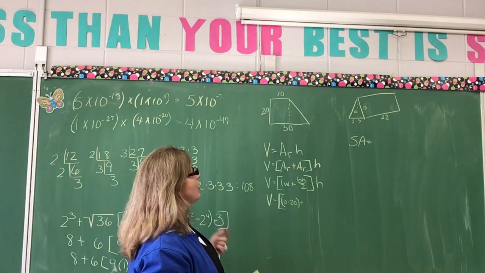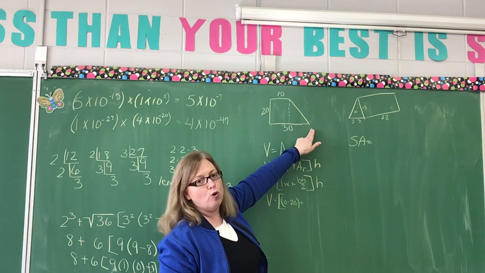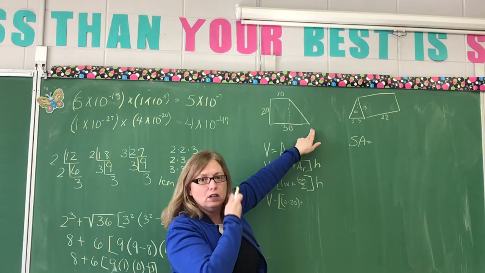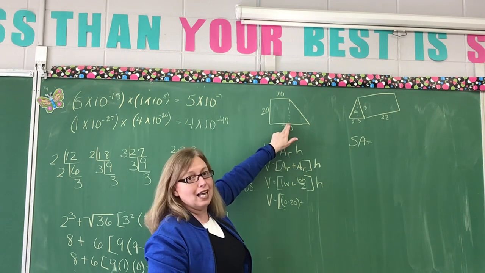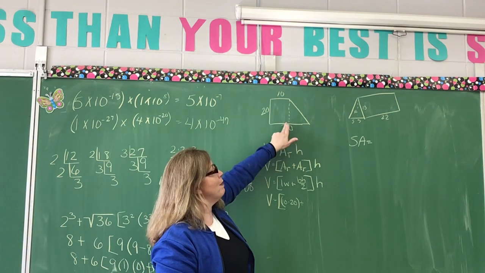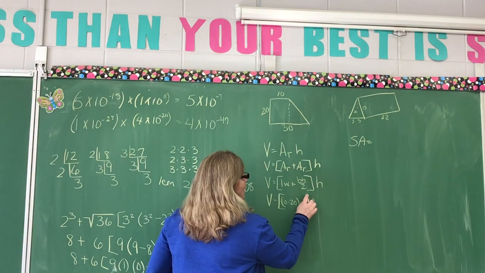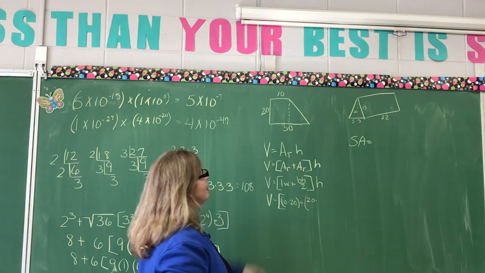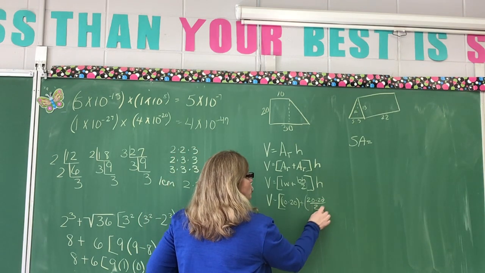The base of my triangle is not this whole thing. It's only from the dotted line over. And of course, mine isn't drawn to scale. But I know that this is 10, so to this dotted line is 10. So 30 minus 10 makes this 20. Okay, so my base is 20, and my height is 20, and I'm going to divide it by 2.